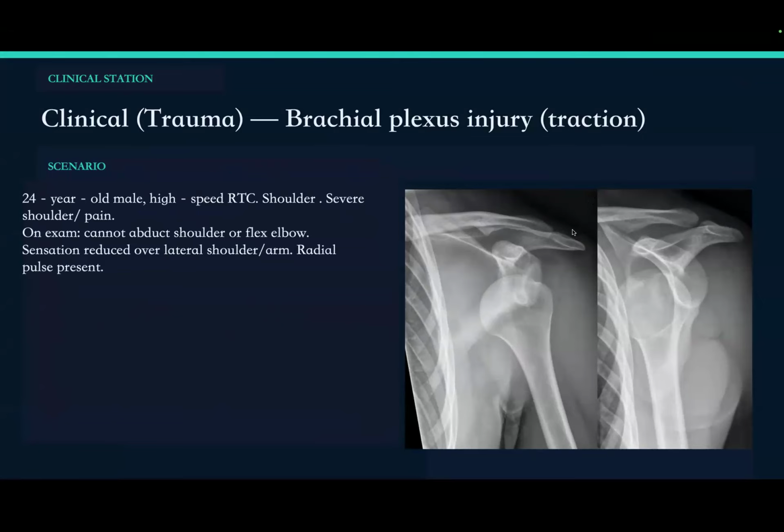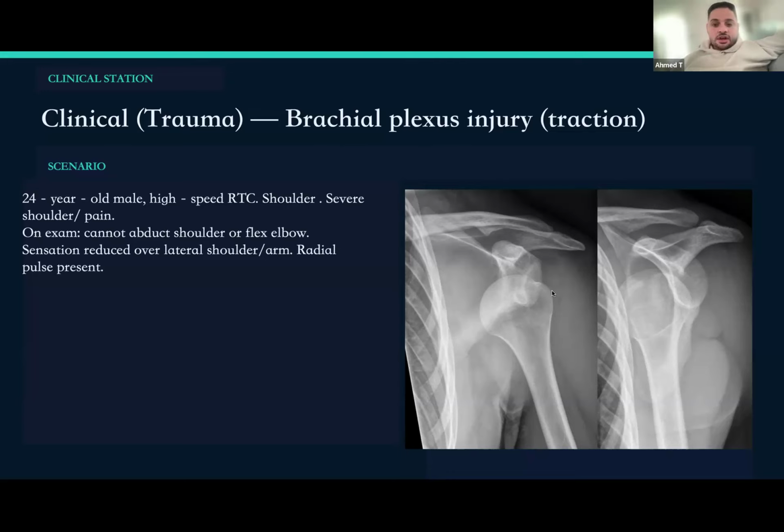The most striking finding I can see is disruption of the glenohumeral joint with the humerus inferior and anterior to the glenoid cavity. So my finding is anterior dislocation of the left shoulder. I can't see any other fractures, but I will need repeat X-rays after the reduction maneuver.